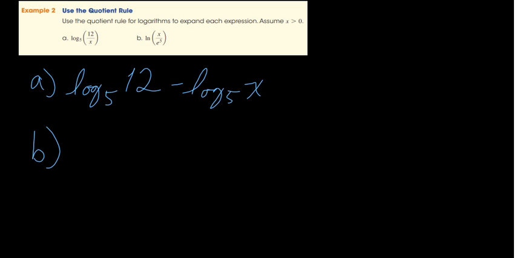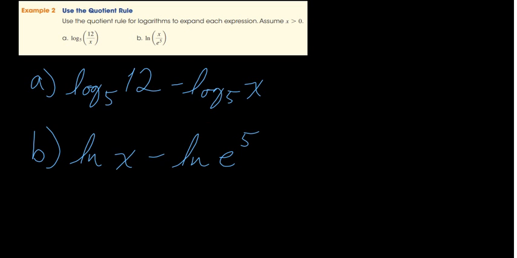For B, we're going to have the natural log of x minus the natural log of e to the 5th. Recall from the first page that if we have an exponent here, we'll put it out front.